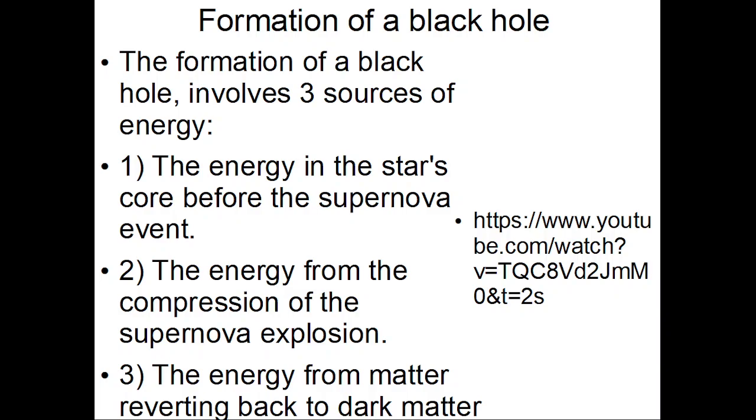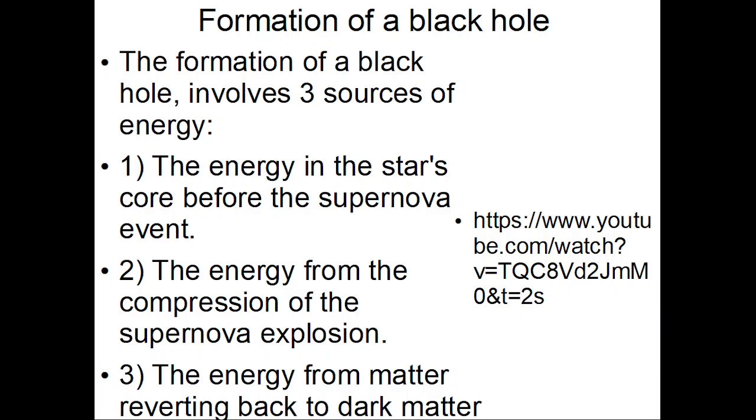So why am I going into energy, dark matter, mass, matter, and antimatter reaction in this section? Well, the formation of a black hole involves three sources of energy. The energy in the star's core before the supernova event, the energy from the compression of the supernova implosion, and the energy from the matter reverting back to dark matter.